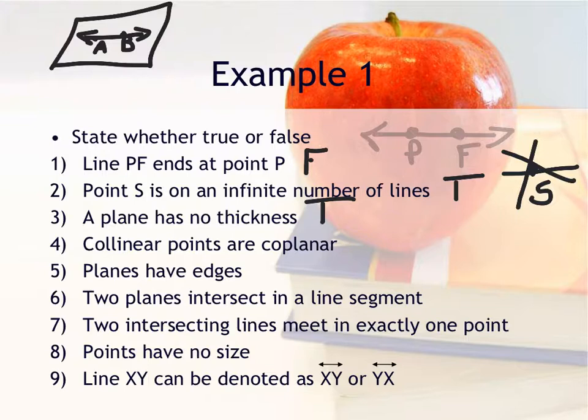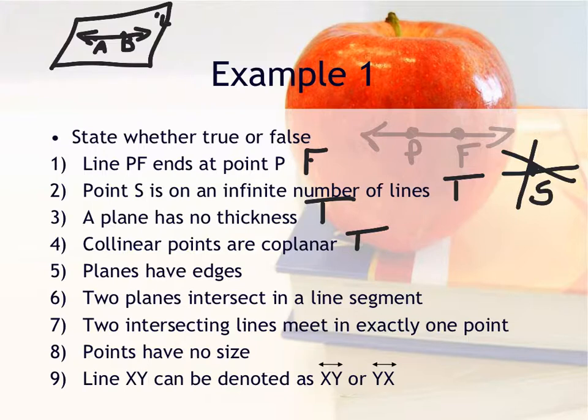Are coplanar points collinear? Not necessarily. They could be. But if I reverse it and say coplanar points are collinear, I could put another point here, see? It's coplanar, but it's not collinear. Does that make sense? So the way it's written there, it is true.